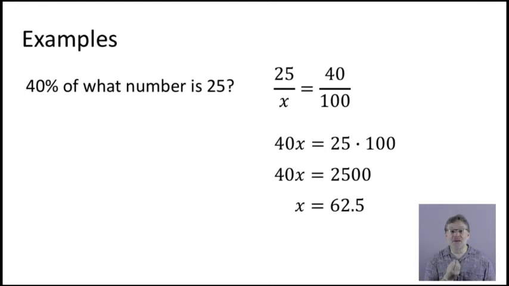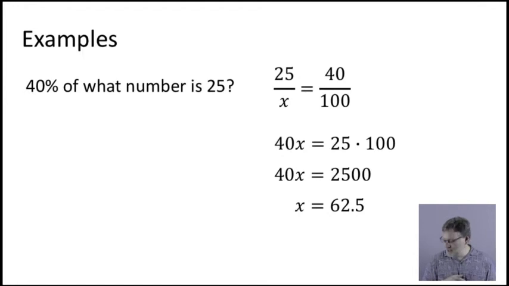It's the base that we do not know this time. So our x, our unknown, should be going in that denominator where the base always goes. 40% of what number is 25? That's our amount, or a portion, that goes in the upper left. So we have 25 over x is equal to 40 over 100.